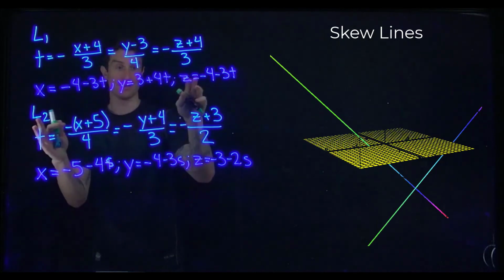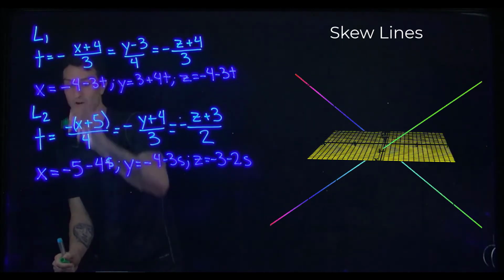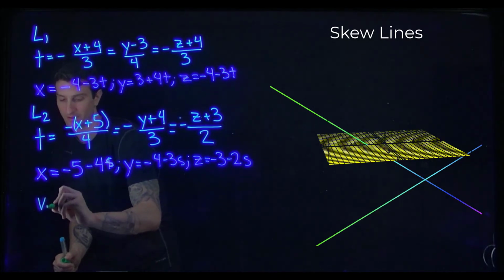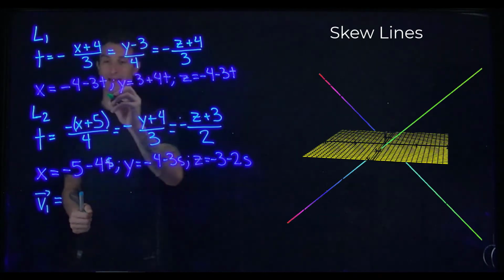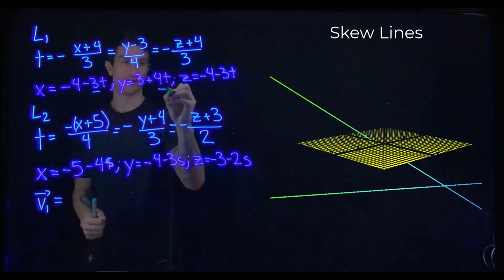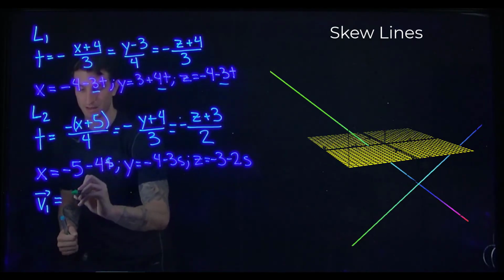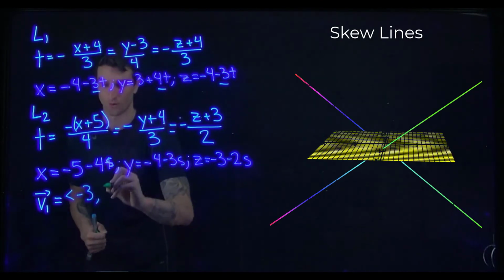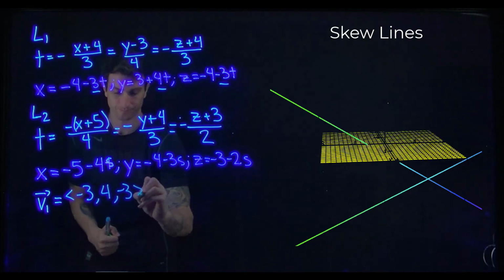Right, so let's go ahead. If they're parallel, they have the same direction vector, right? So let's go ahead and define L1's direction vector with V1, right? So V1 here is equal to the direction vector. Well, what is that, right? This defines our direction vector. So we have negative 3, positive 4, and negative 3.